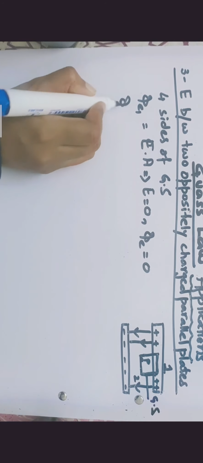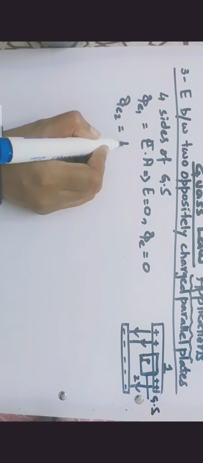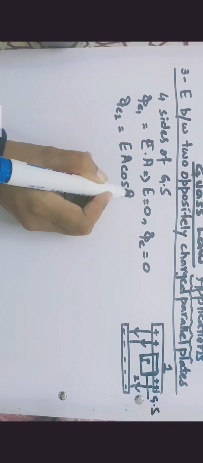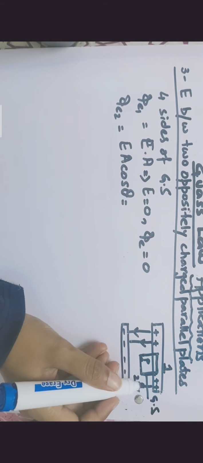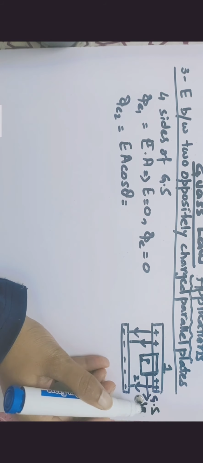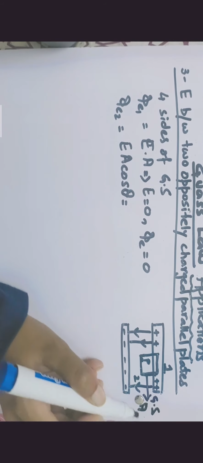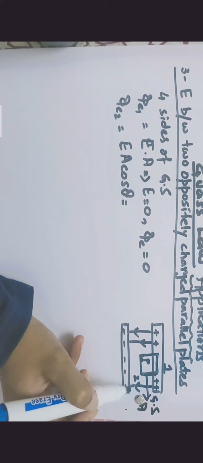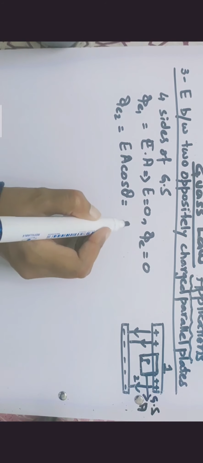Now coming towards the second side, the flux is EA cos theta. For the second side, a perpendicular is drawn on the surface having direction A, and the direction of electric field lines is downward, so we see there is an angle of 90 degrees.